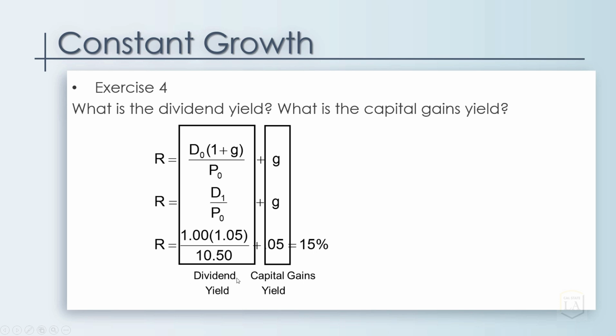That will be equivalent to the dividend yield. And the rest of the part will be the capital gains yield, okay? Note that from our exercise 3C, we saw that price is growing at the same rate as the dividend growth rate. That's why it could be called capital gains yield. So you can see that the required rate of return can be split into dividend yield and capital gains yield.